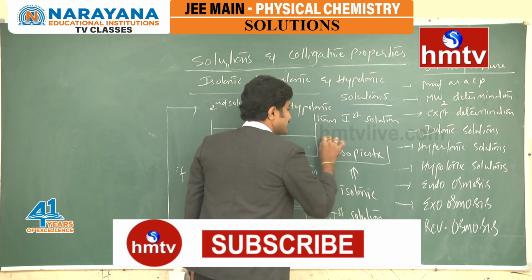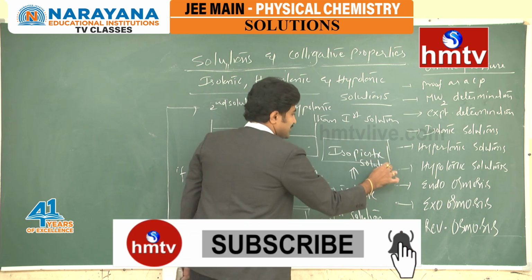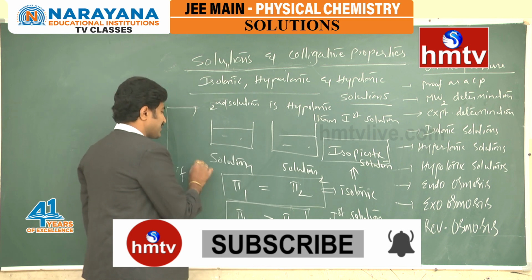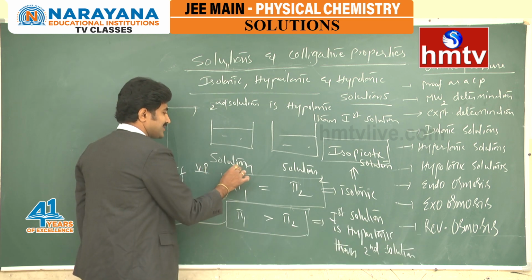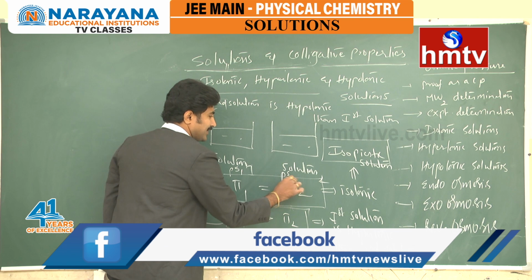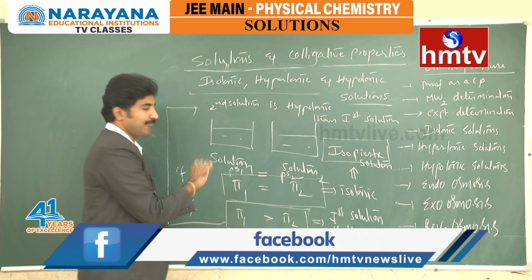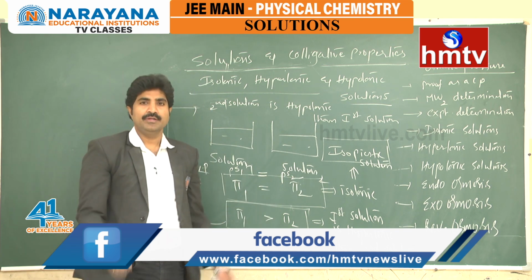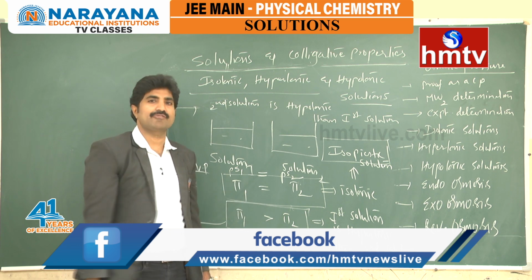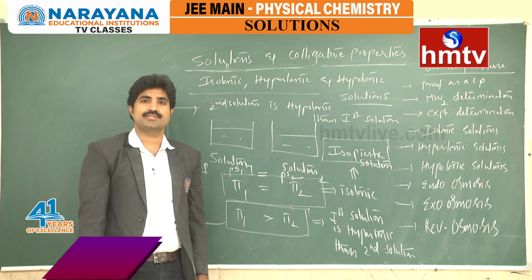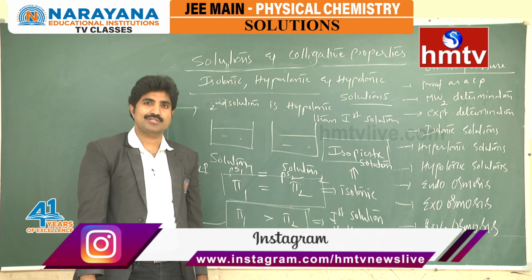What are isopiestic solutions? These are solutions that have the same vapor pressure. Suppose the vapor pressures are PS1 and PS2; if PS1 is equal to PS2, those solutions are said to be isopiestic solutions.